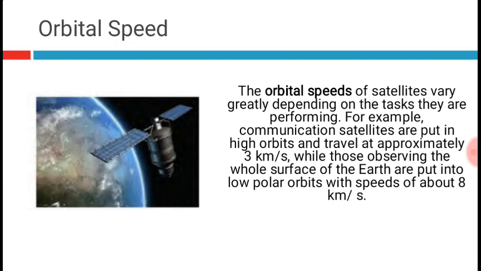Orbital speed is not only related to a satellite, it can also be related to a planet, because even planets revolve around the sun in the solar system. But the difference between satellites and planets is that satellites vary in their speeds. Some satellites have a higher speed, whereas other satellites revolve comparatively slowly.